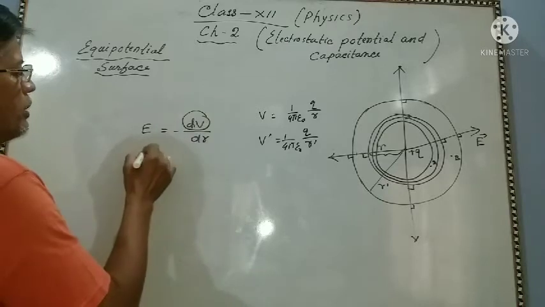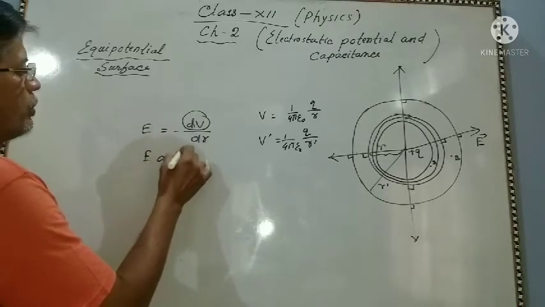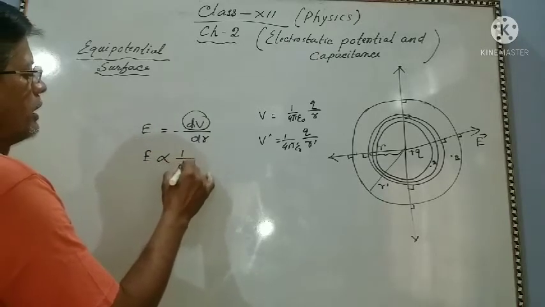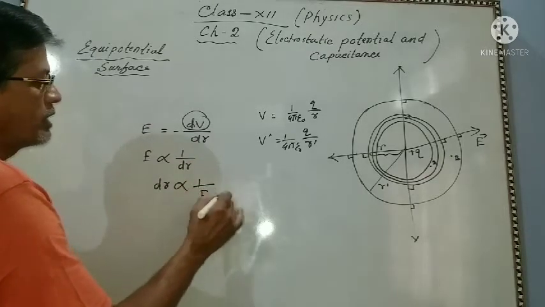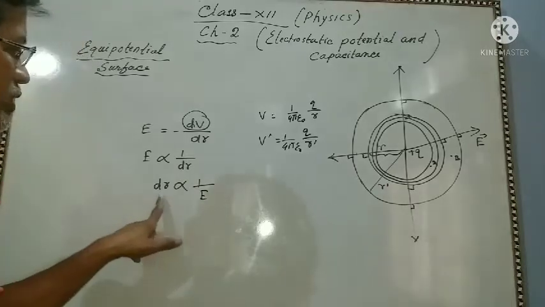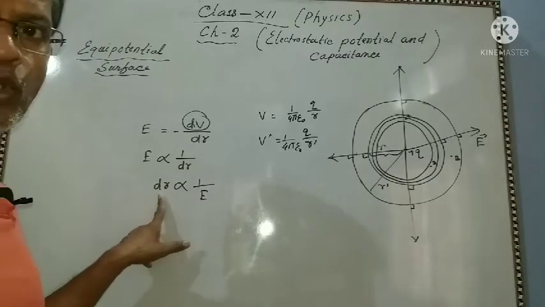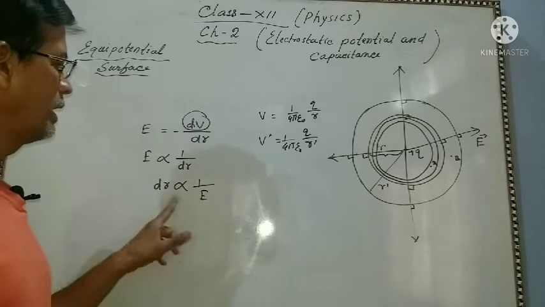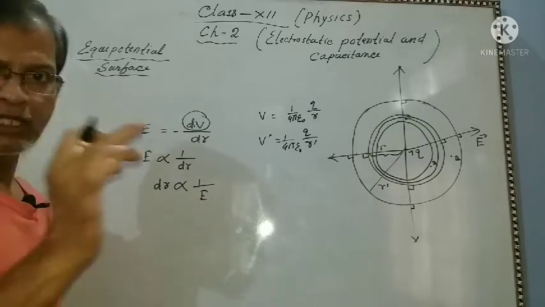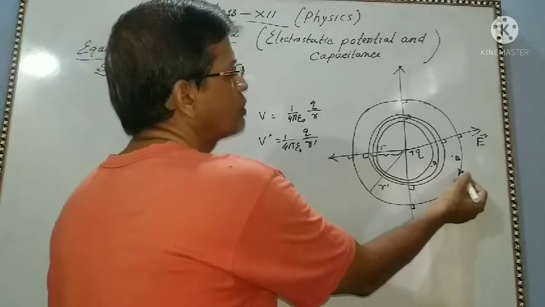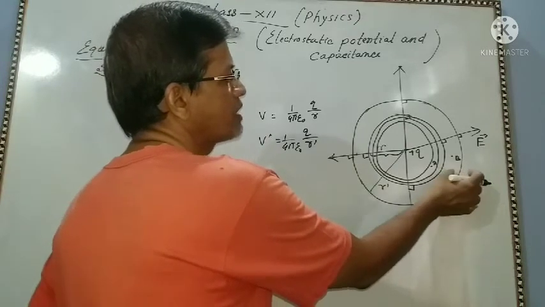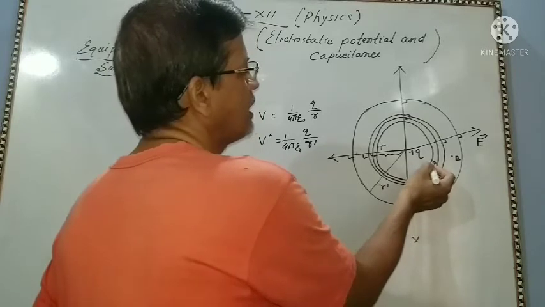So what are you getting? dV is constant, so E is inversely proportional to dr. So where the distance between two equipotential surfaces is more, the electric field is less. Now you see, between these two equipotential surfaces the distance is more, dr is more, so the electric field is less.